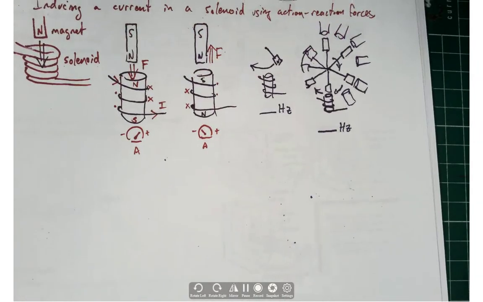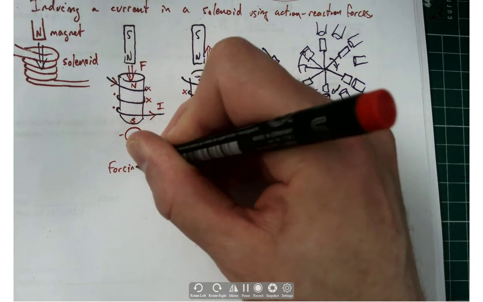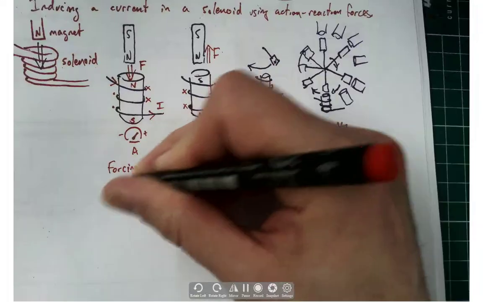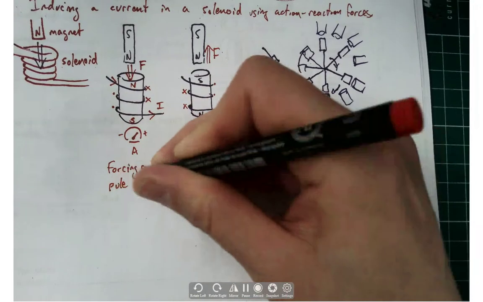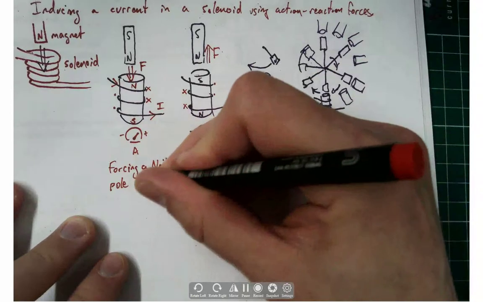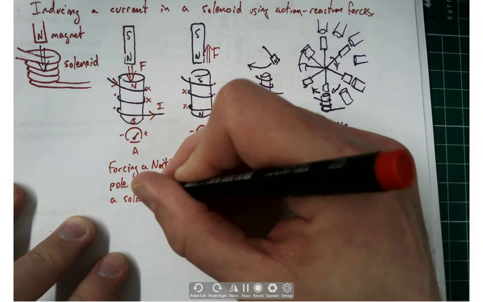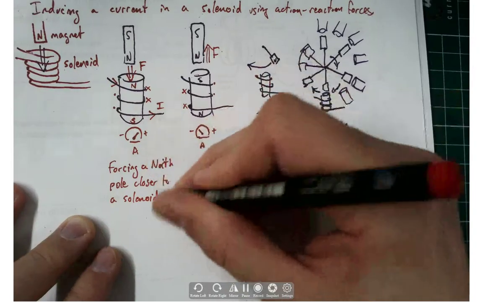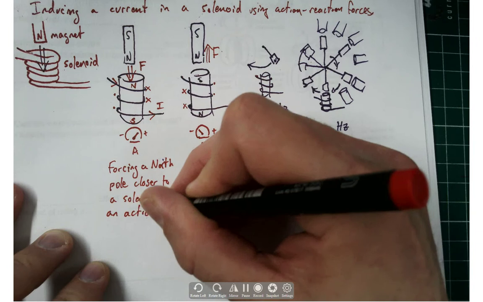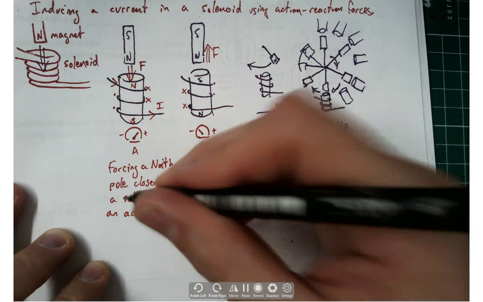All right, so let's put some words on this because I just spoke a lot, but I feel like we need to put some in writing. So forcing a north pole into a solenoid, let's just say closer to a solenoid, as an action force induces a reaction.